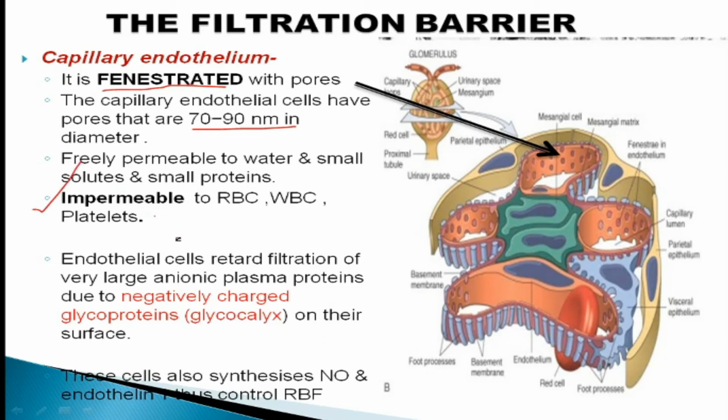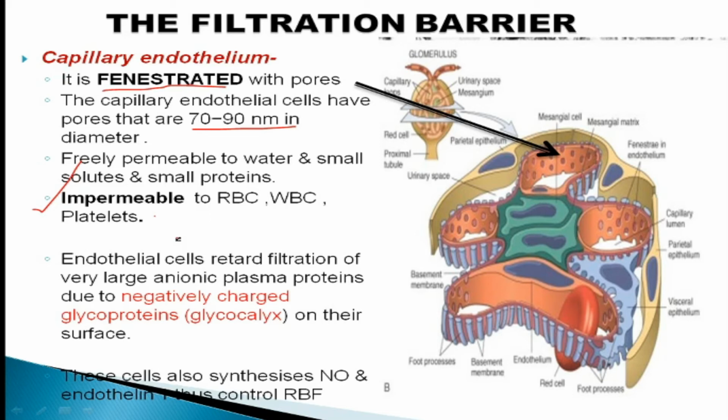Apart from that, certain other very low molecular weight substances which cannot pass through this endothelium are the calcium and certain low molecular weight fatty acids, because these are bound to the plasma proteins, and plasma proteins are not filtered across the endothelium. Just a small amount of traces of very small protein might get filtered.